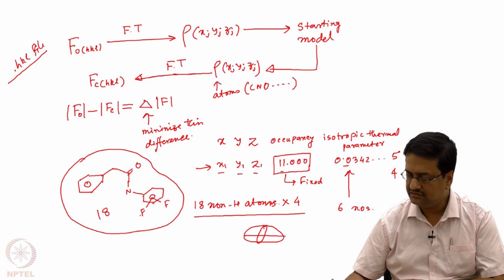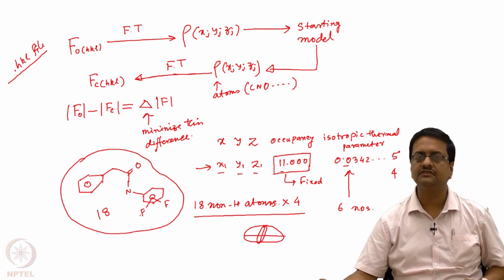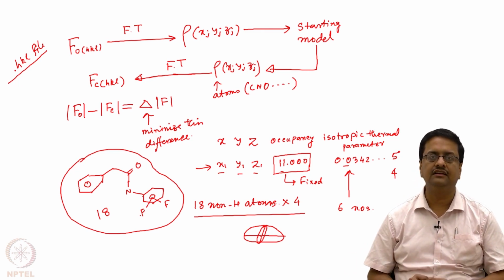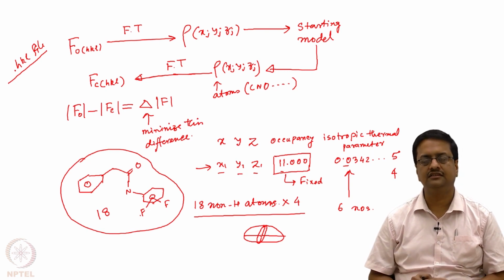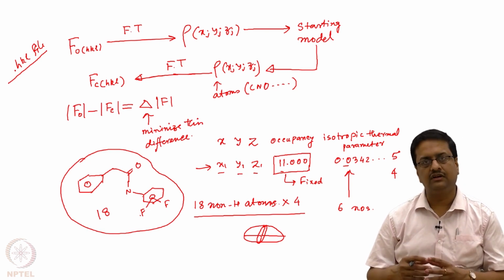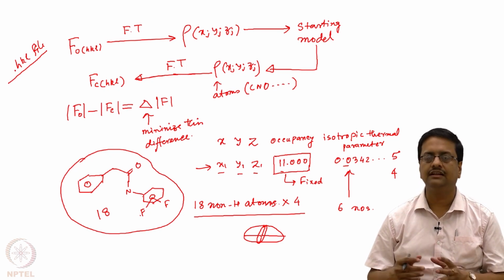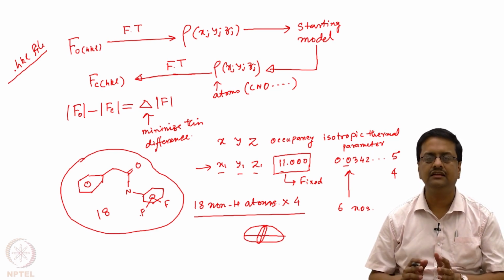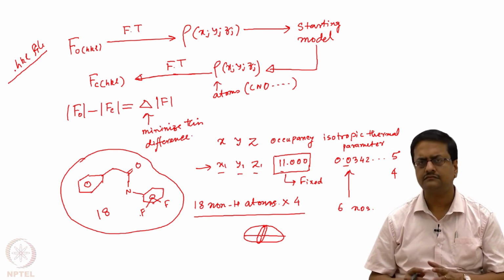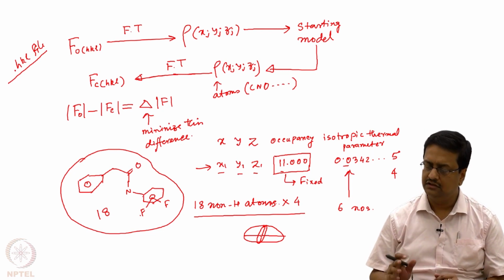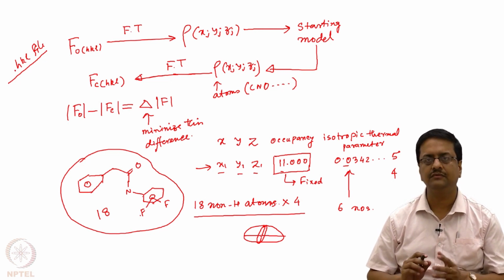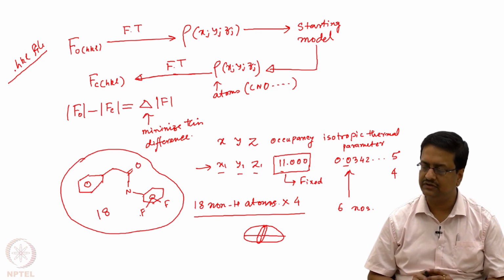So it defines the ellipsoid around the nucleus, and this elliptical representation indicates the electron density distribution around that particular atom. If the ellipsoid is large, it probably indicates that the atom has a large thermal vibration, and it may indicate that the molecule is disordered. It may also indicate that there is inappropriate identification of the atom. So a large thermal parameter may mean a number of different things.